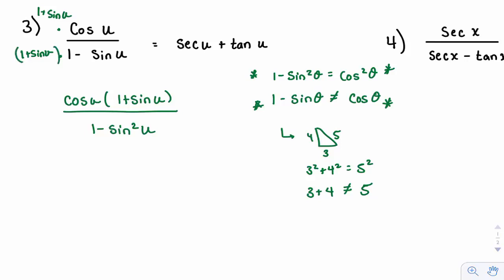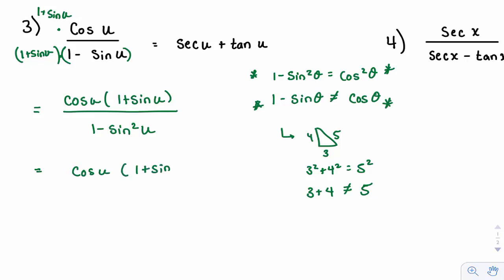You see how this is a plus b, a minus b, so I wrote a squared minus b squared. Okay, now that is a Pythagorean identity. Not 1 minus sine equals cosine, but 1 minus sine squared does equal cosine squared. They have to be squared for this to work.